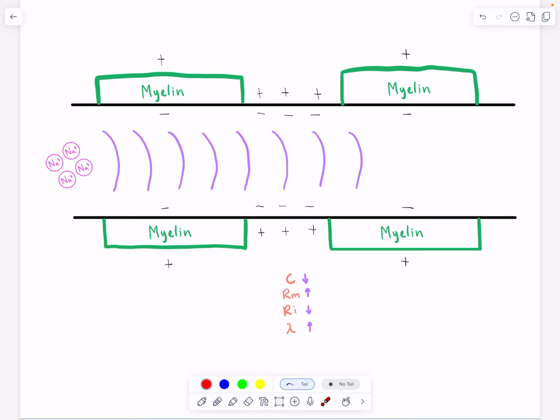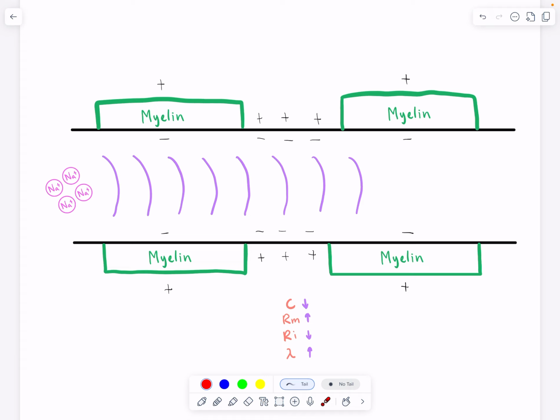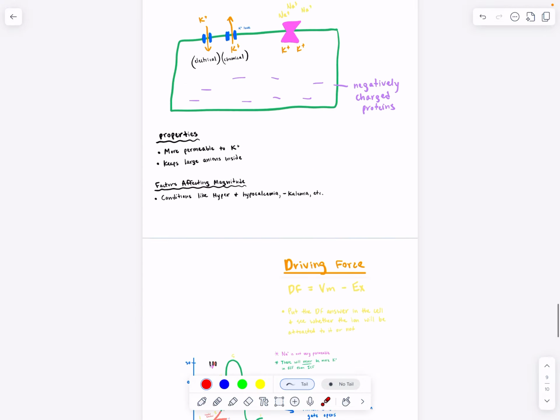We have the same effect without having to make our neurons bigger. The charge is separated, so it won't get stuck with all these negative charges right here, and these positive charges are able to travel further. Basically, myelin speeds everything up and makes it more effective, because with less internal resistance the signal can travel further and go a lot faster.